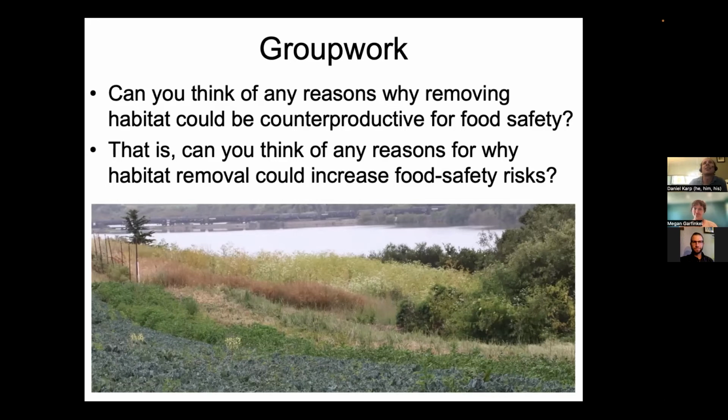Oh, I'm trying to click ask to unmute. There you go. So we came up with several thoughts. One is lack of habitat around the crop or area would mean there would be a different foraging area for wildlife, so it actually encouraged them to get into the crop.